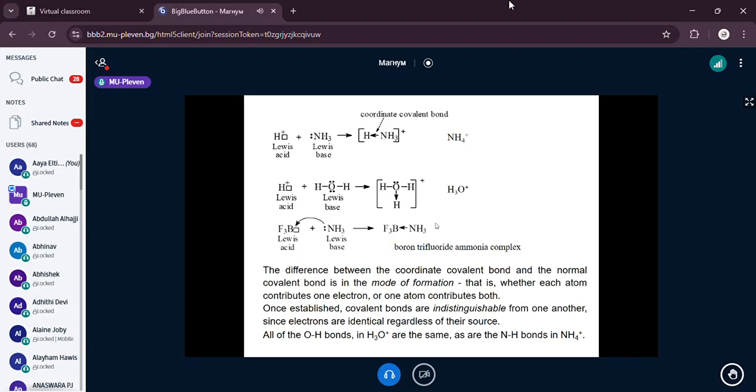And here we need to mention again that this coordinate covalent bond formation is different from the common covalent bond, but only the mode of formation is different. After formation, all these bonds between nitrogen and hydrogen atoms, or between oxygen and hydrogen atoms, are indistinguishable.